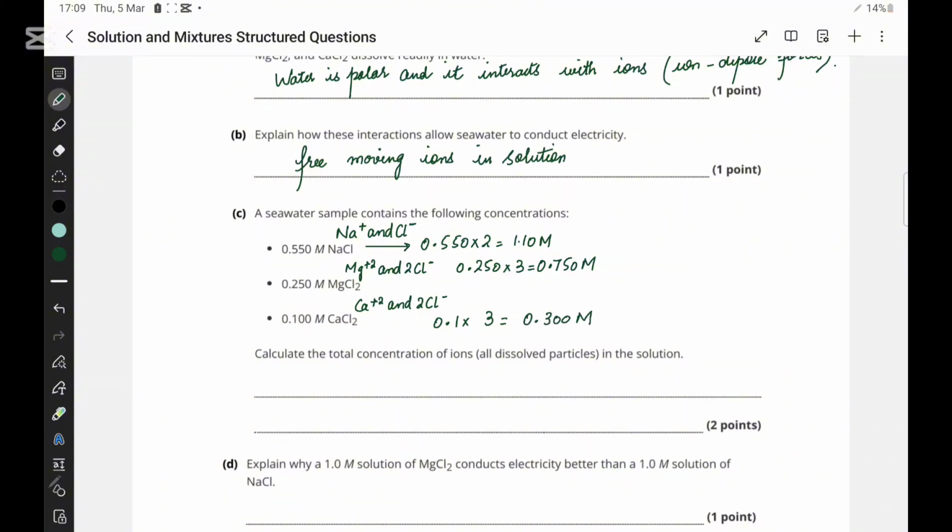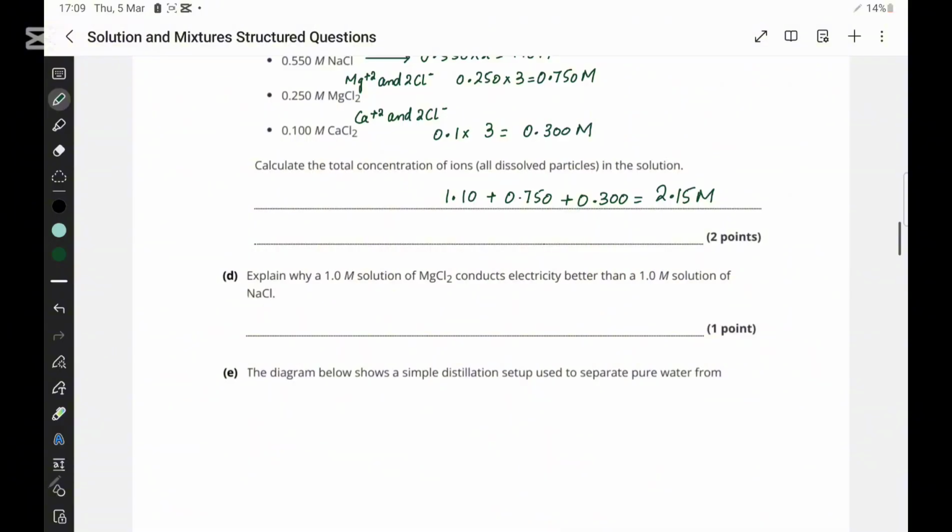So total concentration of ions would become 1.10 plus 0.750 plus 0.300, so that would become 2.15 molar.